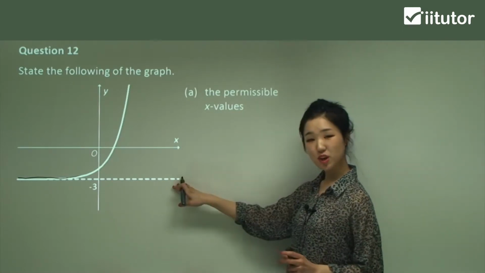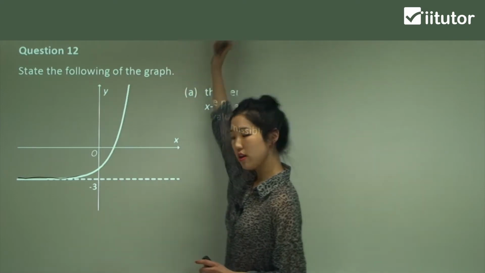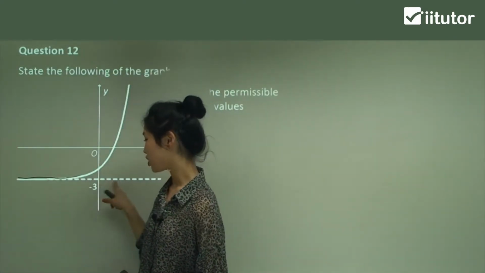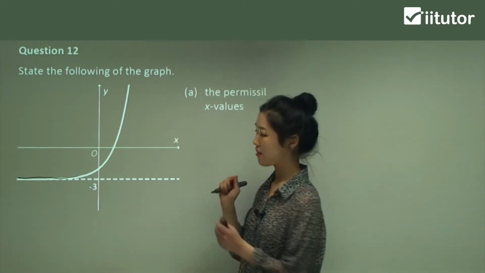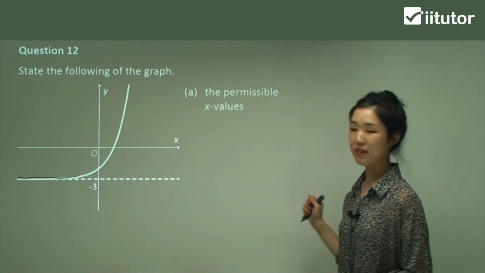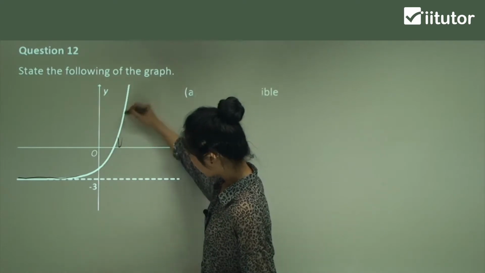But we've got an asymptote. And remember, guys, this graph also continues on and on. It will never touch the asymptote, but it will always be tending to it forever. So on both sides, it's going to continue. So what do you think the permissible x values are? Have a look, guys.